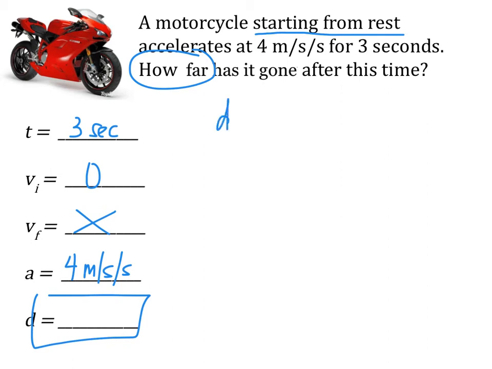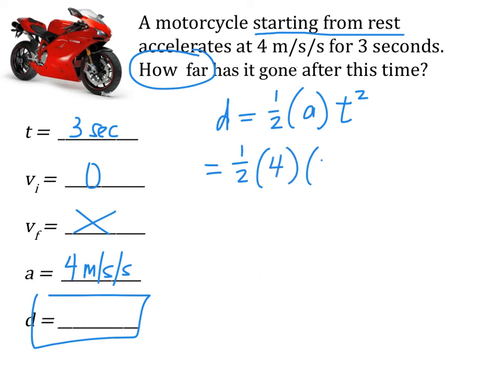Let's bring up our formula that was just introduced. Distance equals 1/2 times the acceleration times the time squared. And so our distance is going to be 1/2 times our acceleration value is 4, our time value is 3, but we have to remember to square that. Now do remember from your math class that whenever you have exponents, you have to do that part of the calculation first.